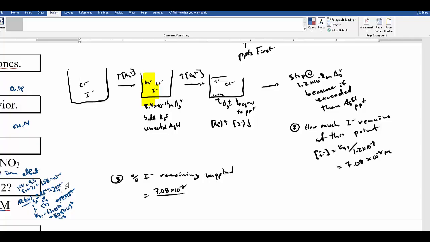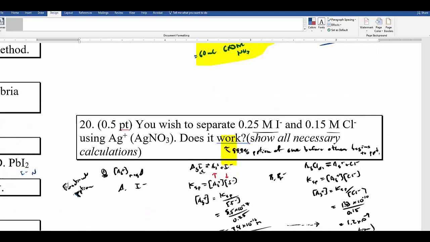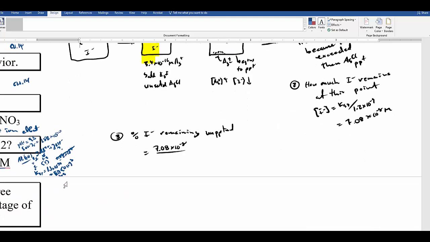The initial iodide was 0.25, yeah, 0.25, times 100 percent. So divided by 0.25 times 100, that gives 2.83 times 10 to the minus 5 percent. That's how much iodide remains unprecipitated, and 100% of the chloride remains unprecipitated.